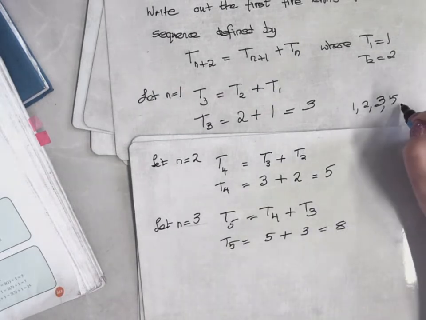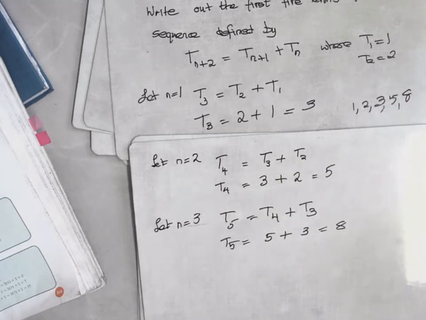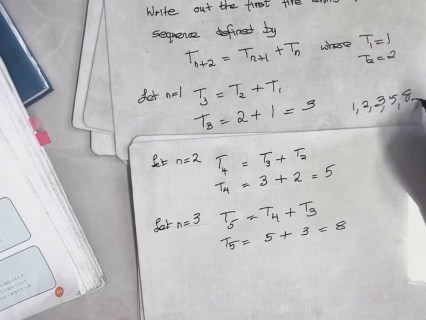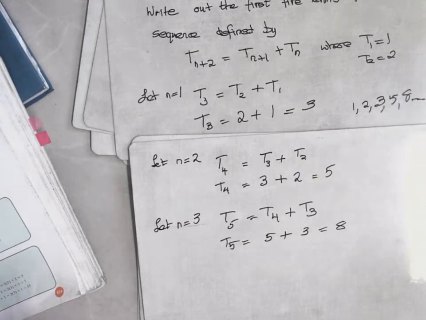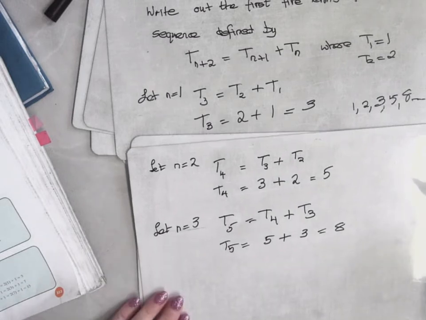So the 5th term is 8. That's all they asked me to do: the first 5 terms, dot, dot, dot, it goes on forever. There's no real method. They give you a rule, and you always just let n equal 1, see what happens, let n equal 2, see what happens.